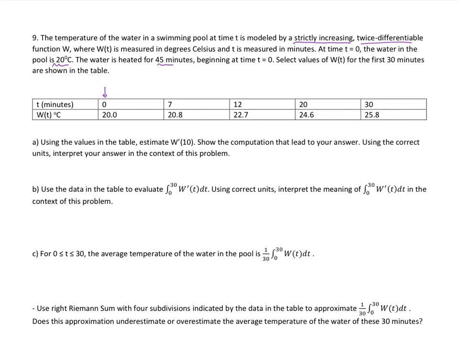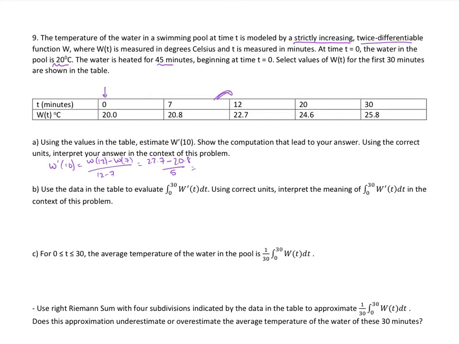So this is the rate of change at 10 that we're looking for. Since we don't have 10 in the table, we're going to take the two closest values. So we need W prime of 10 to be W of 12 minus W of 7 over 12 minus 7. In this case, we're going to end up with 22.7 minus 20.8 all over 12 minus 7.